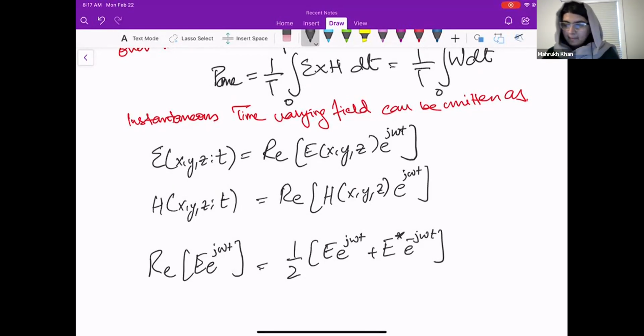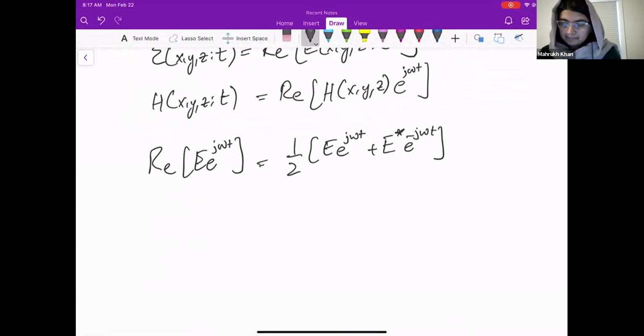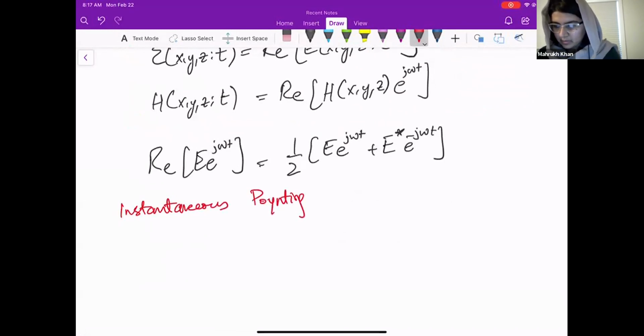So, the Poynting vector for time varying fields.